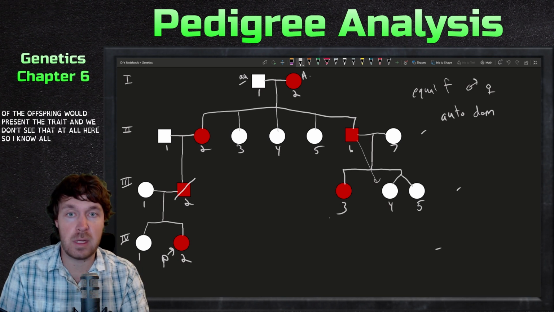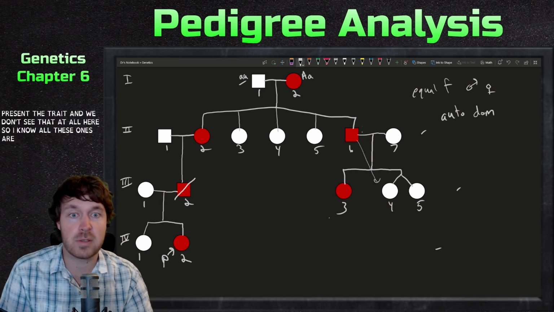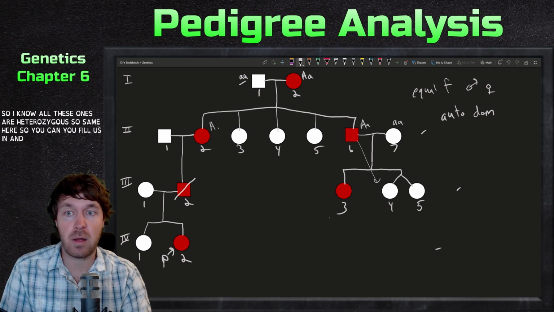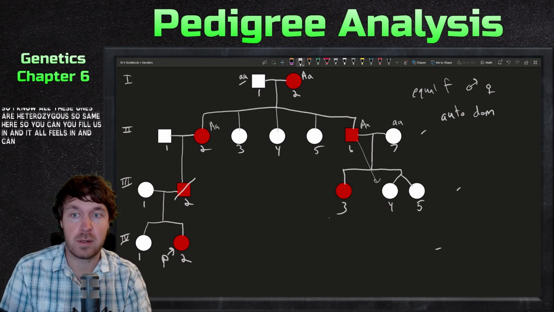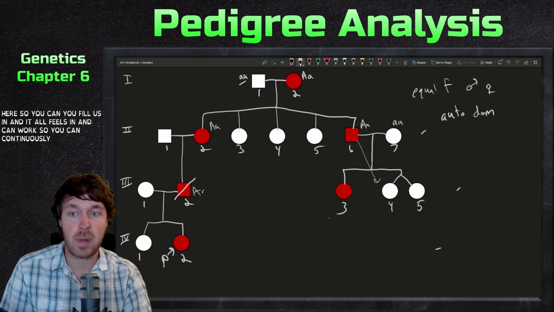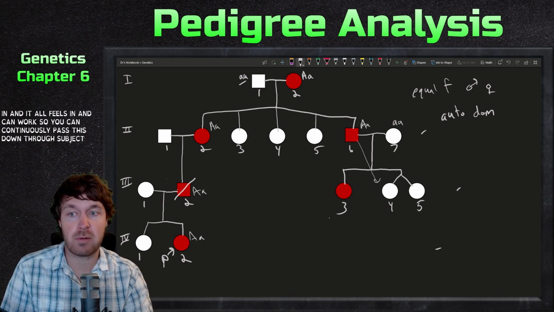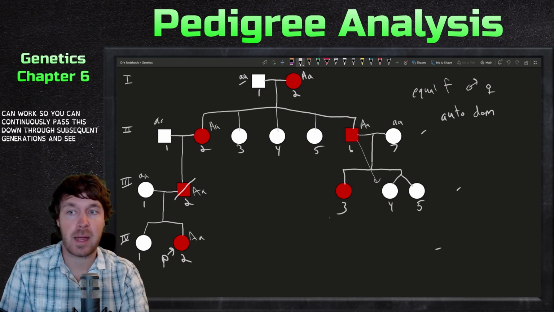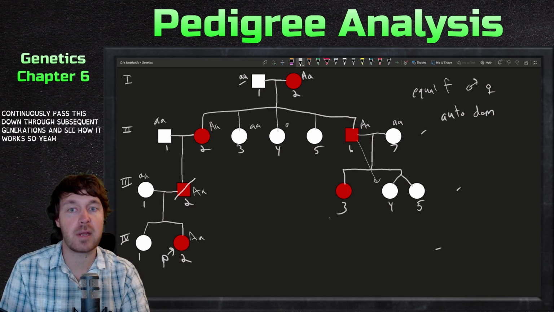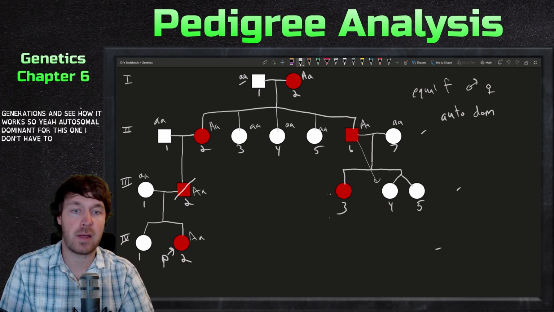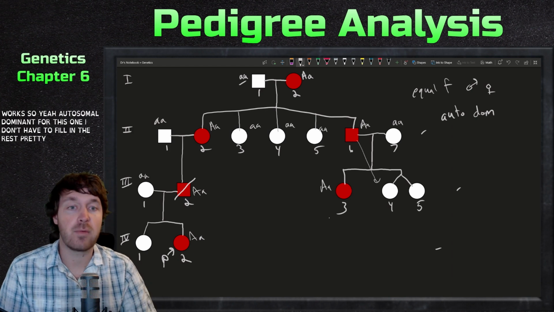So I know all these ones are heterozygous. So same here. You fill this in, and it all fills in and can work. So you can continuously pass this down through subsequent generations and see how it works. So yeah, autosomal dominant for this one. I don't have to fill in the rest. They're pretty obvious of what they would be.